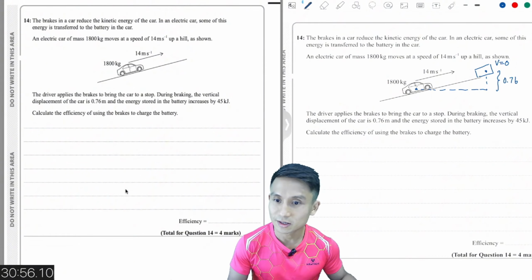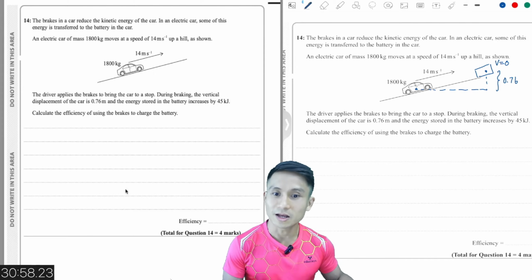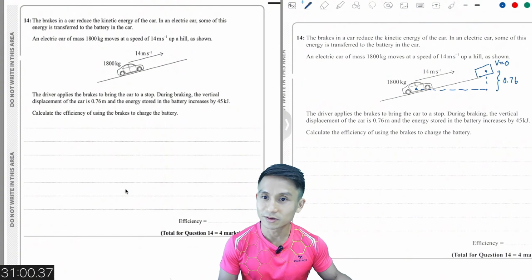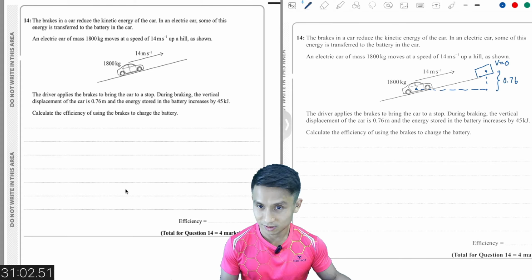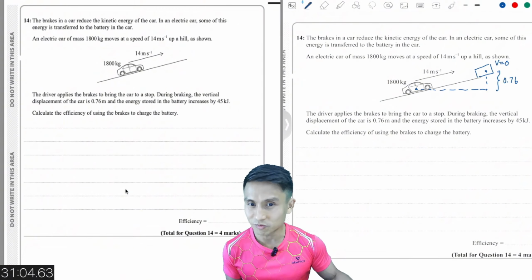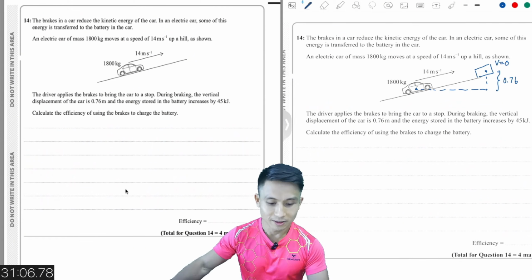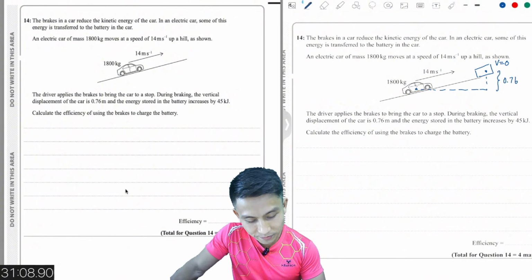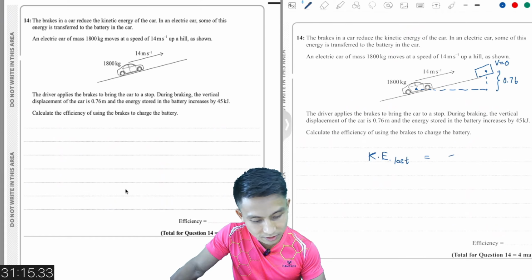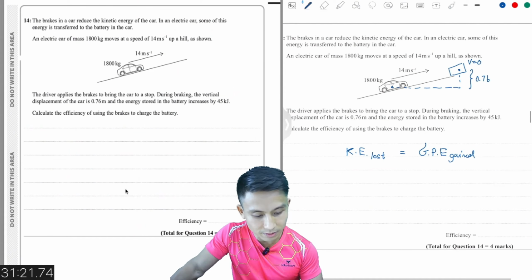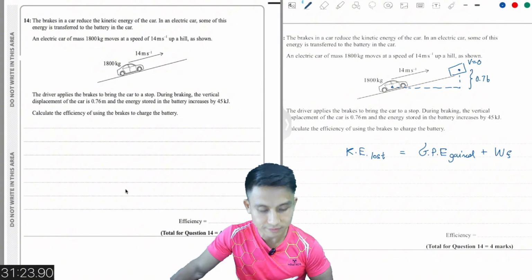All right, hang on. To a stop during the braking, the vertical displacement. Okay, so if we do KE loss again equals GPE gain, yeah, but there is some work done against friction.